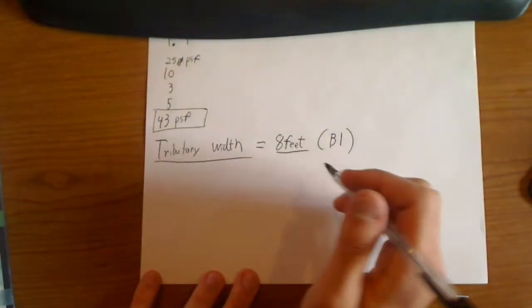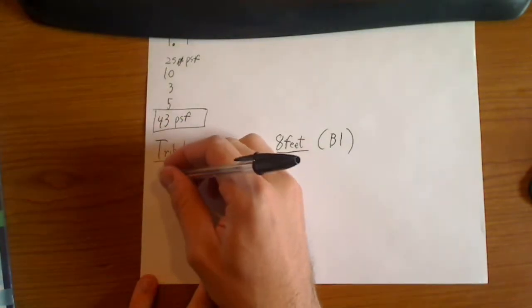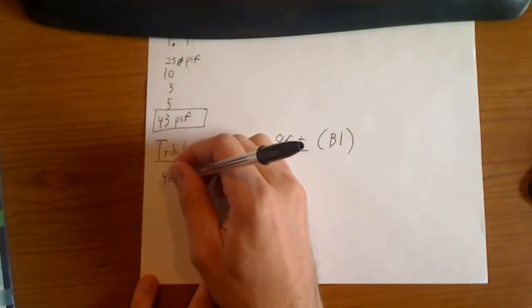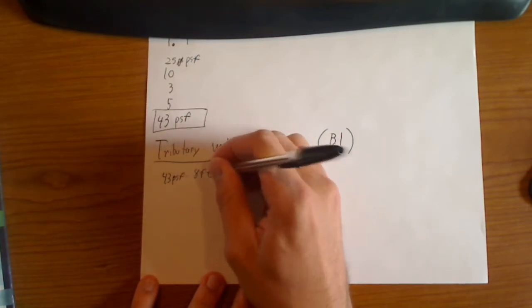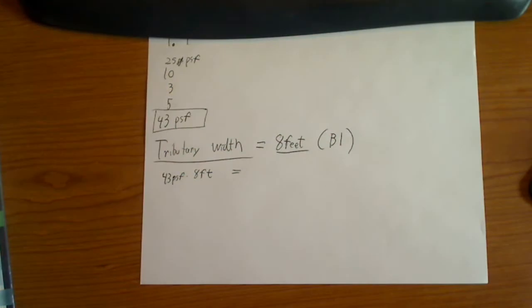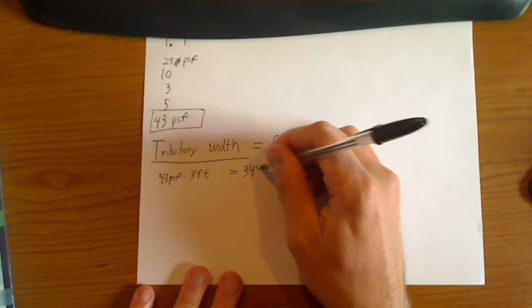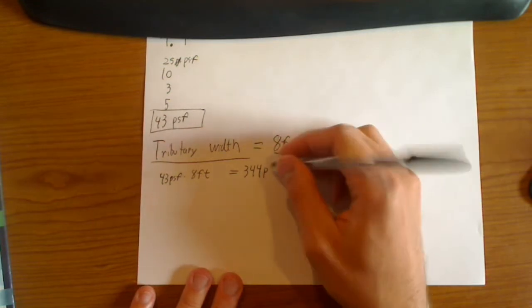So now we want to know what the actual loading per foot is on the beam. We know that we have 43 pounds per square foot, times 8 feet wide, which will equal 344 pounds per foot.